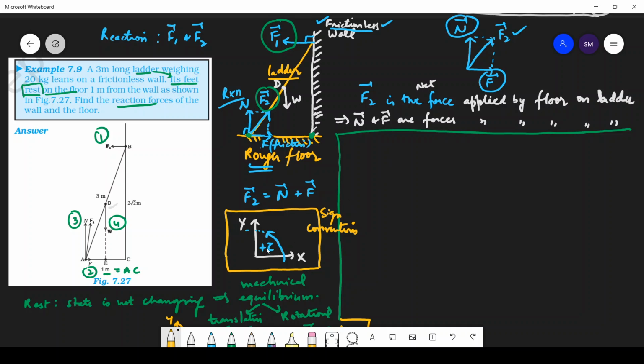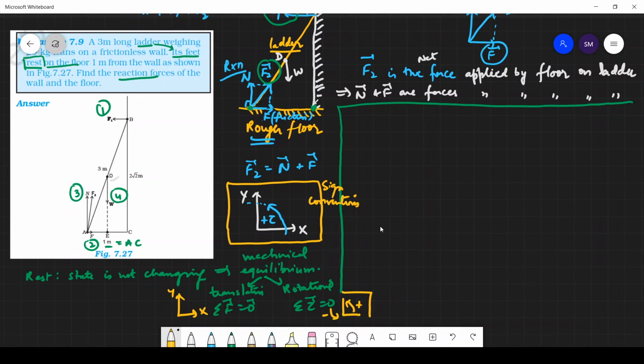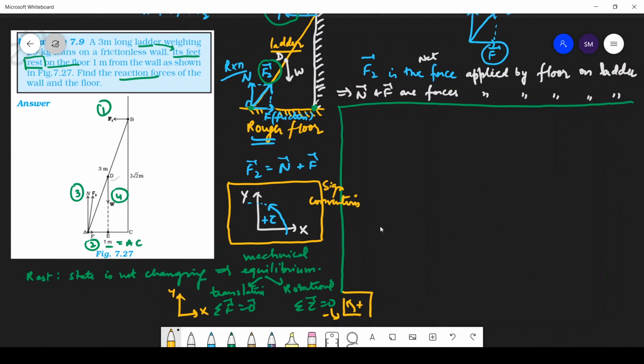You have two equations and you know the sign conventions, so it's very simple to solve. And the next thing you need to decide is where you are going to take the moments about. Where is this axis of rotation? Here you have the choices B, D and A. Where are you going to take the moments?